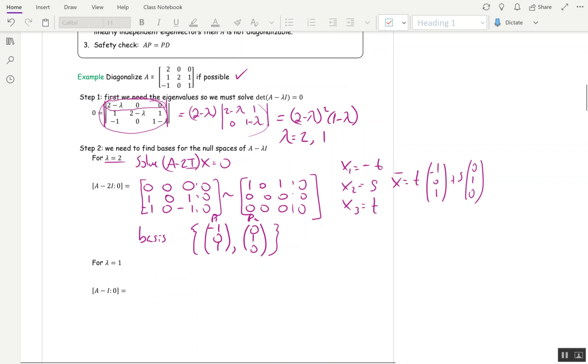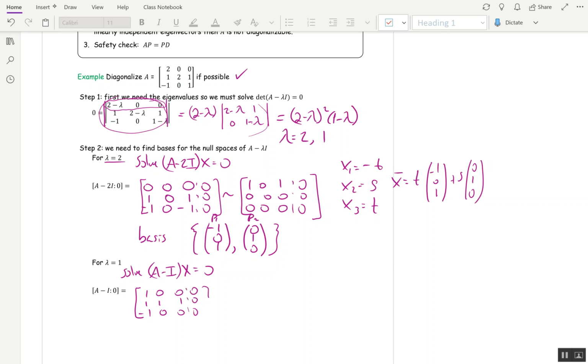All right, for lambda equals 1, we want to solve (A minus I) times x equals 0. So the augmented matrix (A minus I) augmented with 0 is 1, 0, 0, 1, 1, 1, negative 1, 0, 0, and then 0, 0, 0. And if we reduce that, we can kill off these entries and we'll get 1, 0, 0, 0, 1, 1, 0, 0, 0.